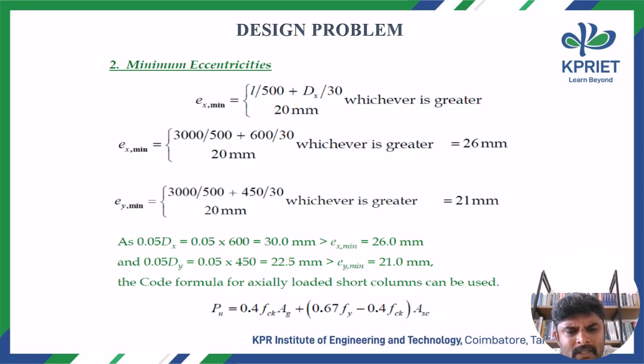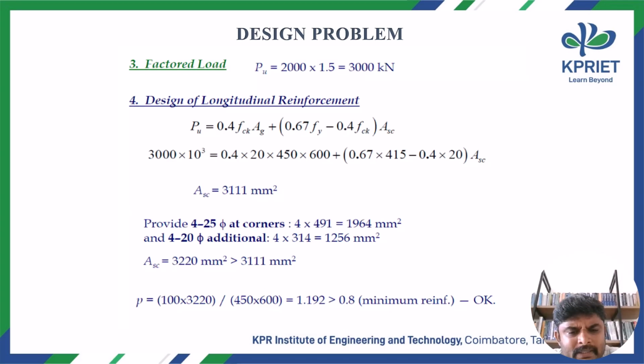And then after confirming that the eccentricity, Ex and Ey, is less than Emax, which is less than 0.05 times the dimension, we can use the axial load column formula. Pu is equal to 0.4 fck Ac plus 0.67 fy Asc. Based on that, we are designing the column.